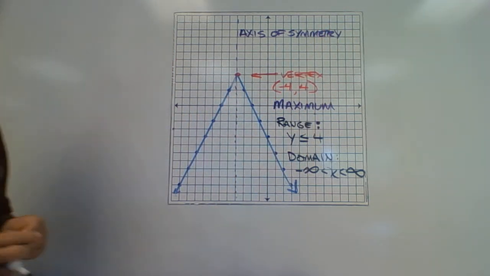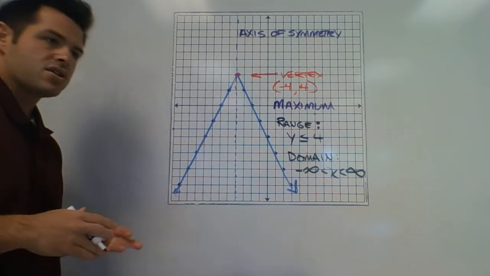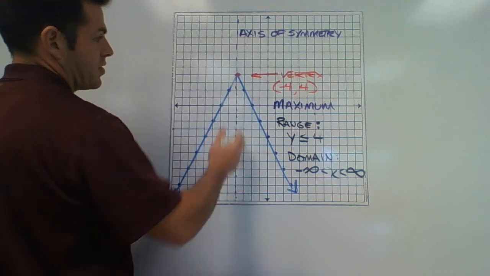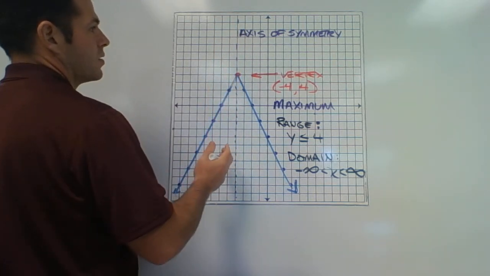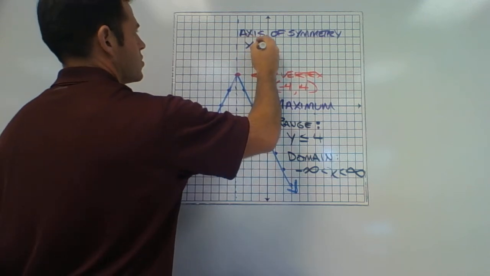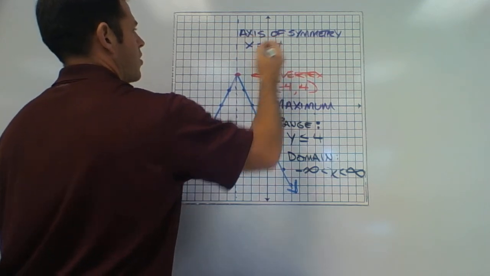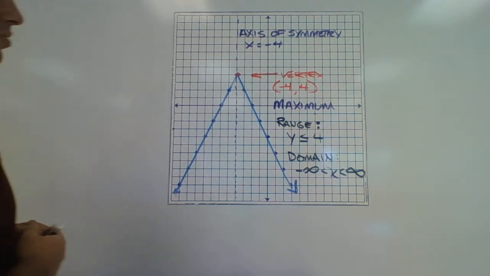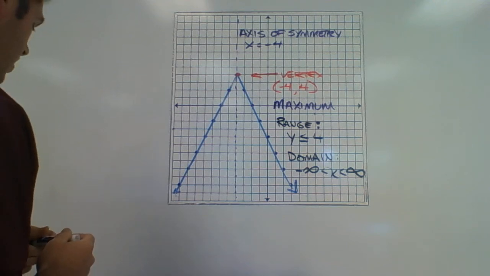And we know vertical lines have an equation of x is equal to something, and no matter where I travel on this imaginary mirror, my x value has to be -4. So here in this problem, our axis of symmetry is located at x is equal to -4. No matter where I travel on that imaginary mirror, it would be x is equal to -4.